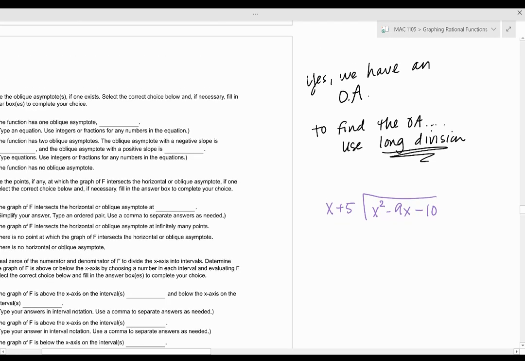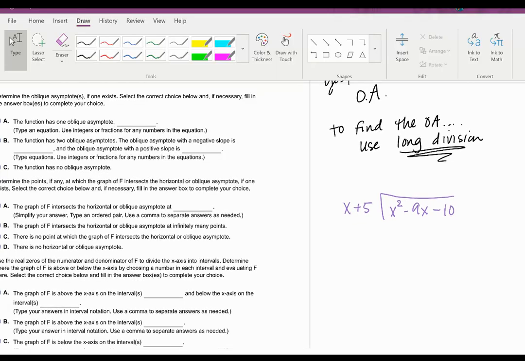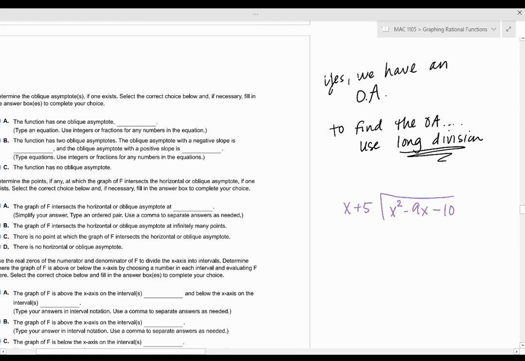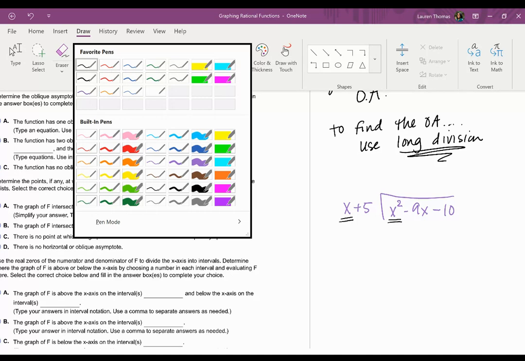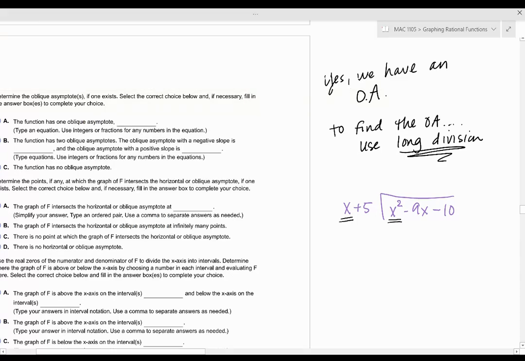Remember when you're doing long division, you're looking at the first term in the divisor and the first term in the dividend. You ask yourself, what times x is going to give me x squared? Well, x. You take that x in the quotient and multiply it by every term in the divisor. So x times x is x squared. x times 5 is 5x.